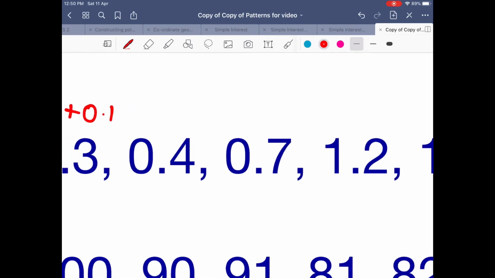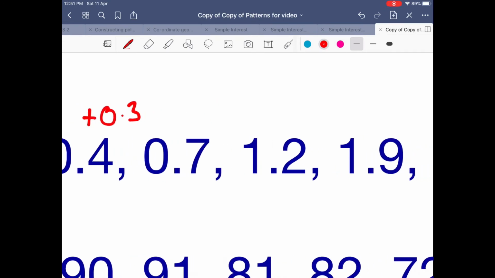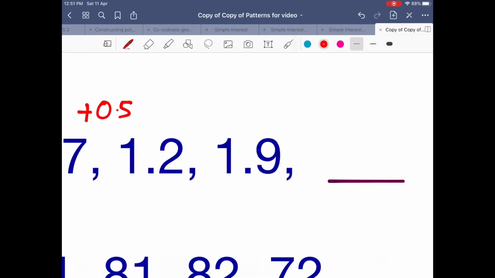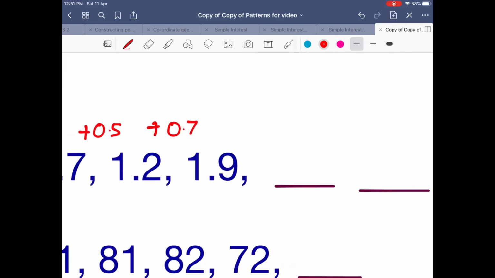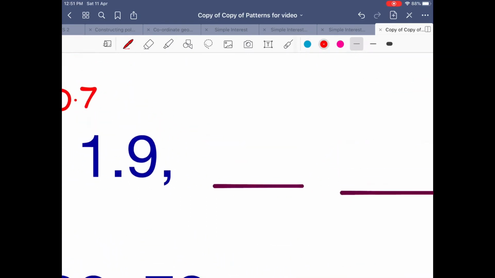From 0.4 to 0.7, we are adding 0.3. 0.7 to 1.2, we are adding 0.5, and 1.2 to 1.9, we are adding 0.7. So we are adding increasing odd decimal numbers. So after 0.7, we will then add 0.9.